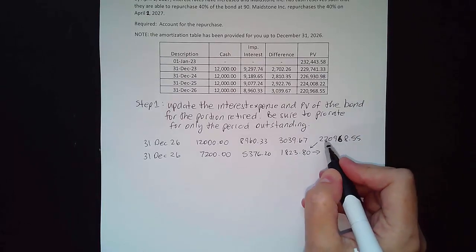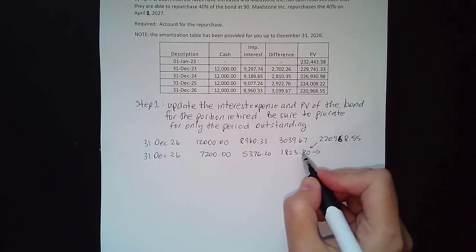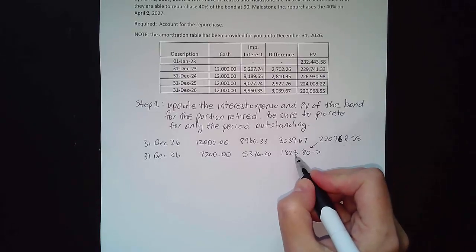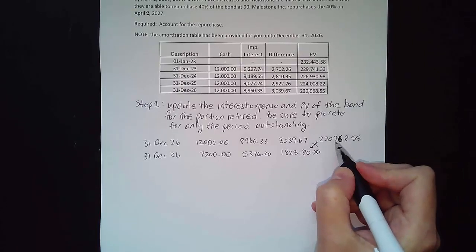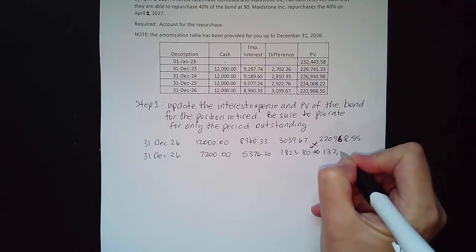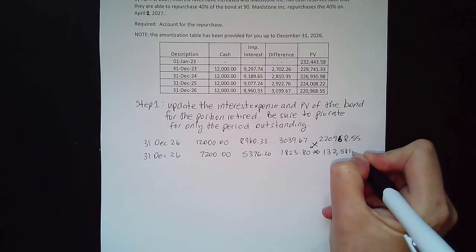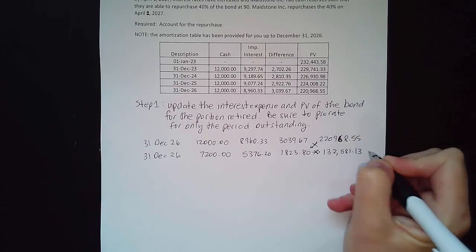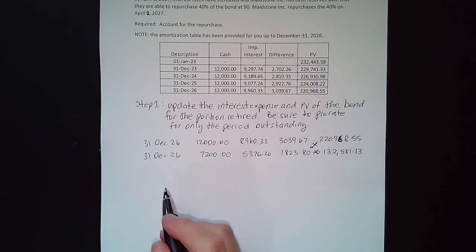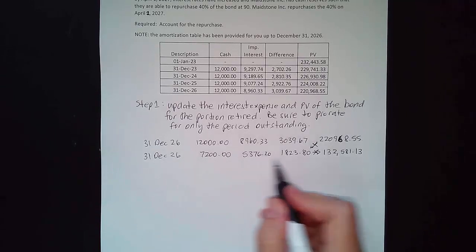Now, under normal circumstances, and I've seen students do that, they would take the present value and reduce it by this amount. Don't be fooled into doing that. We're only taking 60% of the present value. So in this case, I'm simply going to take the present value and multiply it by 60%. $132,581.13. My amortization schedule will move forward from this point.